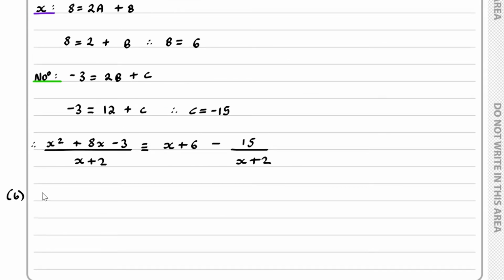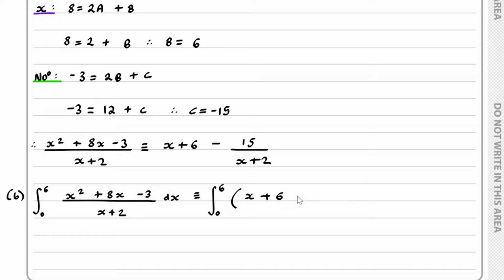So we wish to find the integral from 0 to 6 of x squared plus 8x minus 3 divided by x plus 2 with respect to x. This is equivalent to the integral from 0 to 6 of x plus 6 minus 15 over x plus 2 with respect to x.